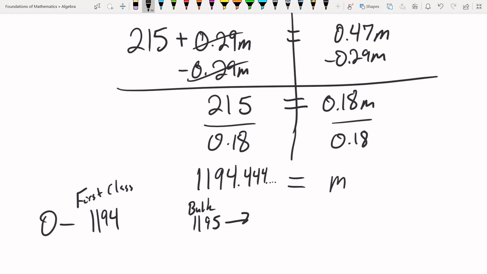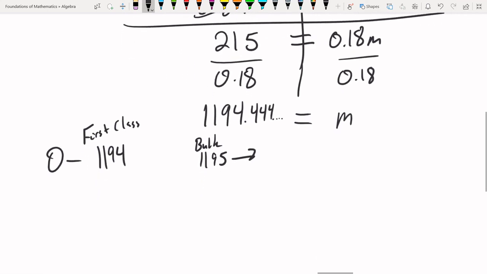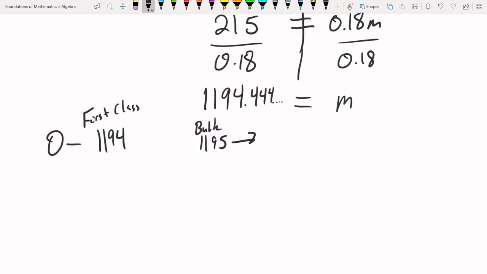You can actually test this and see. If we had 1194, the first class rate is 47 times 1194. That's 561.18.